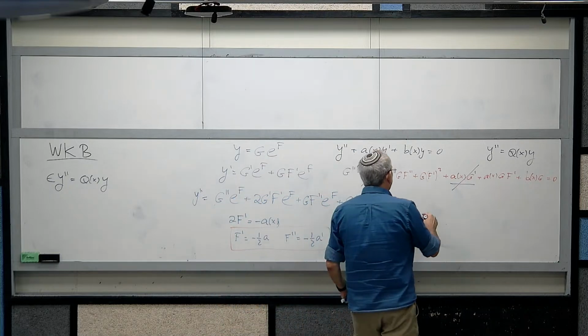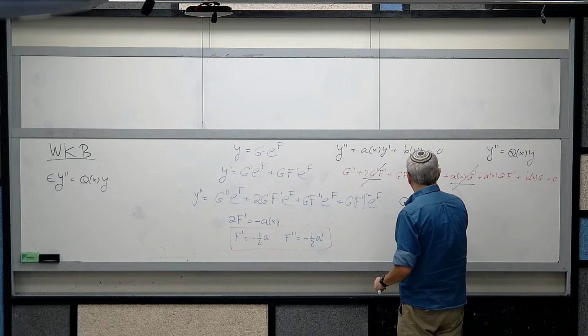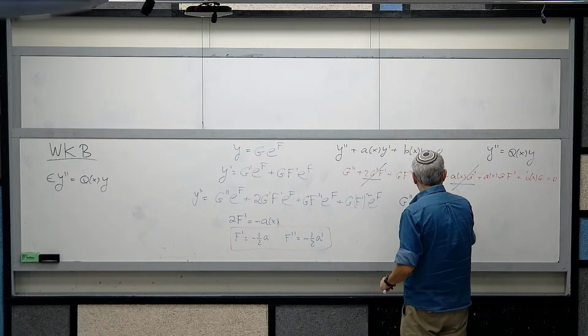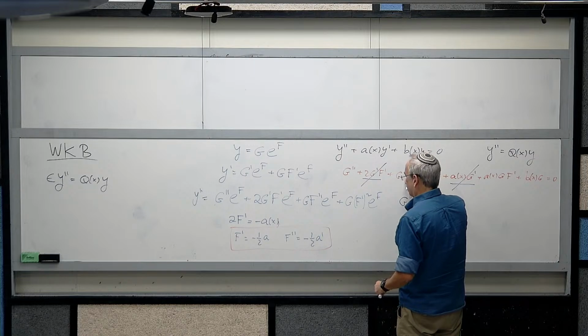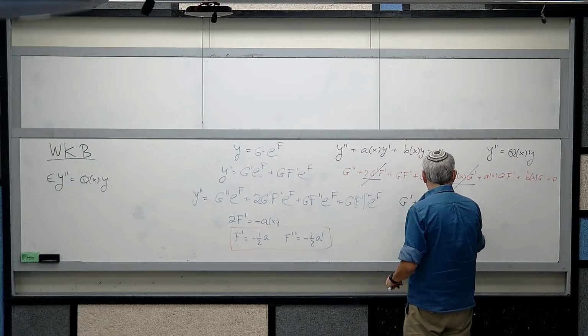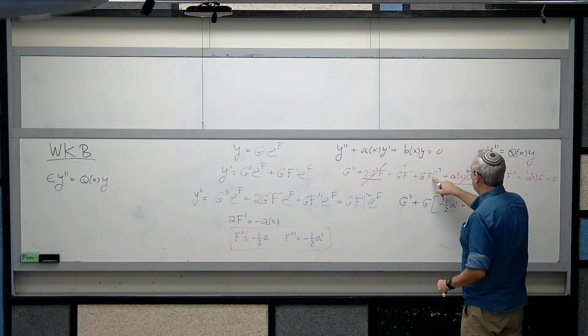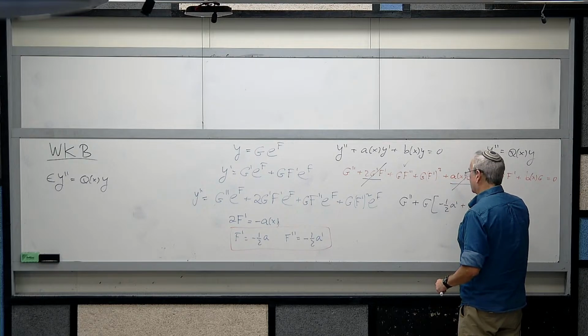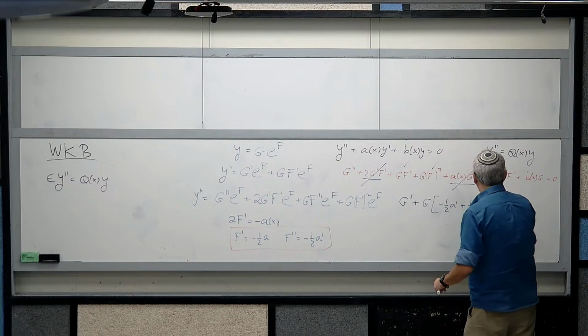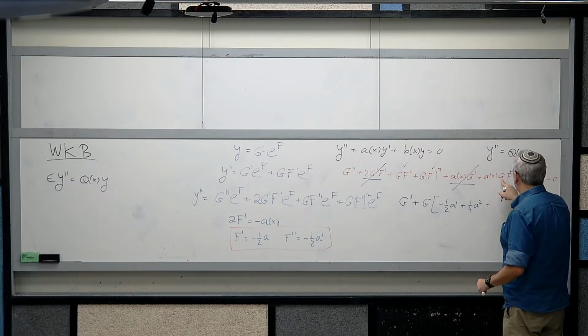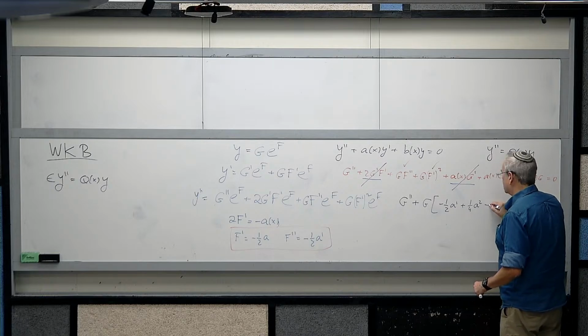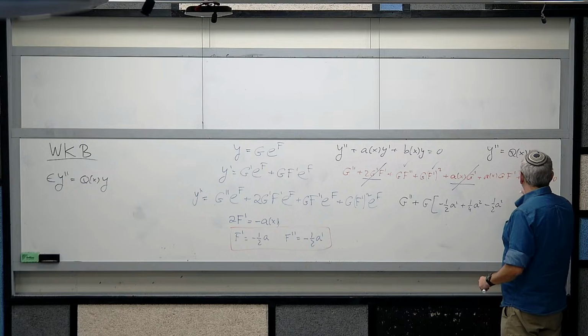Okay? And now what's left is g double prime plus g times f double prime, which is minus 1/2 a prime, plus f prime squared, which is 1/4 a squared, plus a times f prime, which is minus 1/2 a squared, you see, plus b of x equals 0.